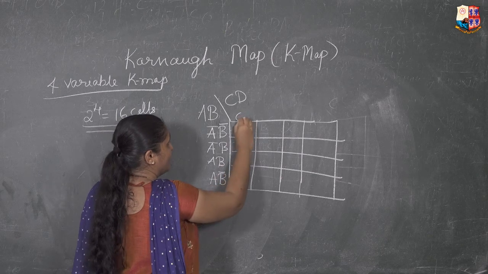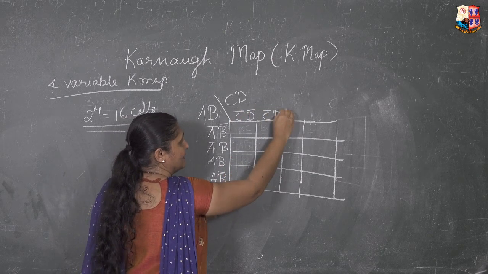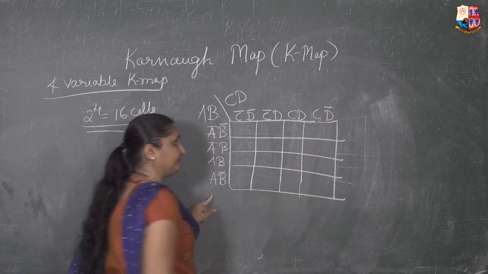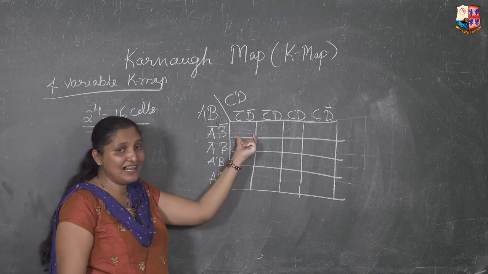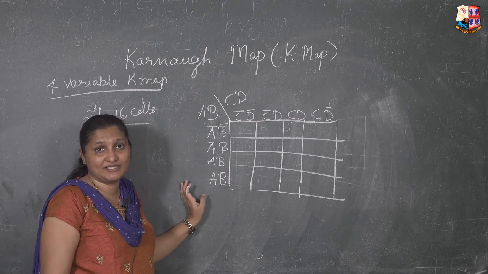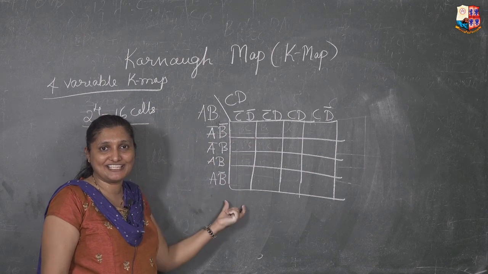Similarly column wise: C bar D bar, C bar D, C D and C D bar. Once you finish writing this, each cell represents the product of row wise and column wise variables. So can you write the products corresponding to each cell?